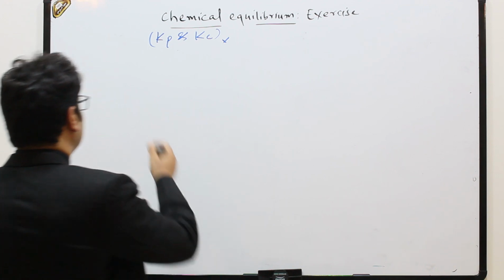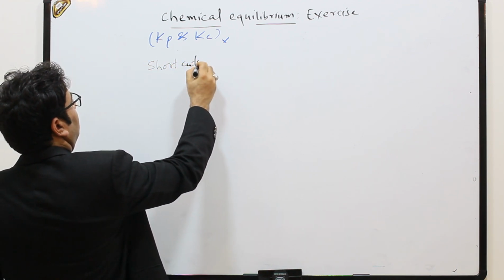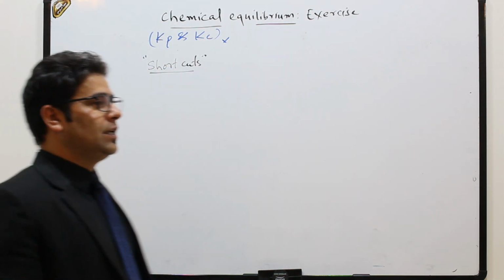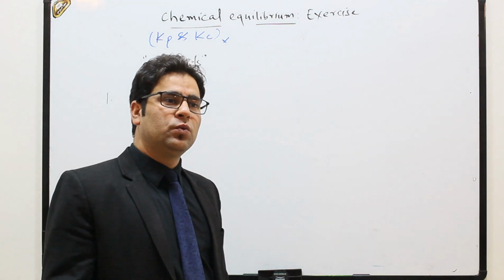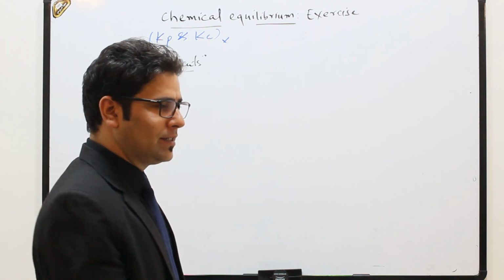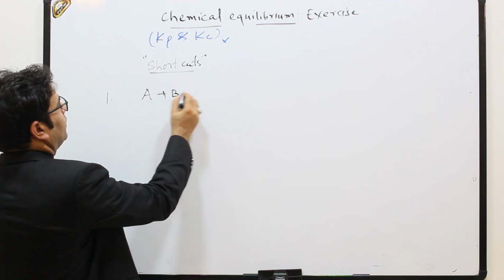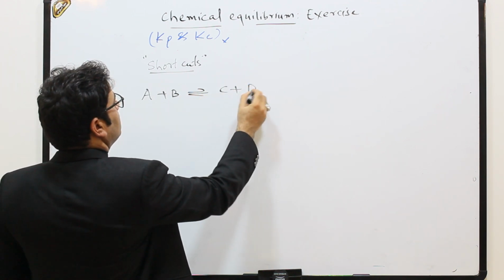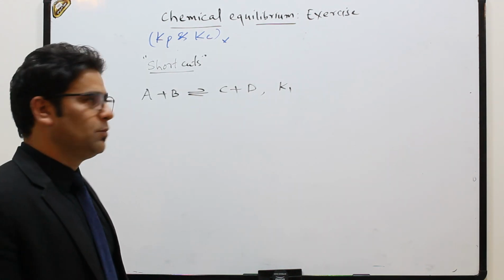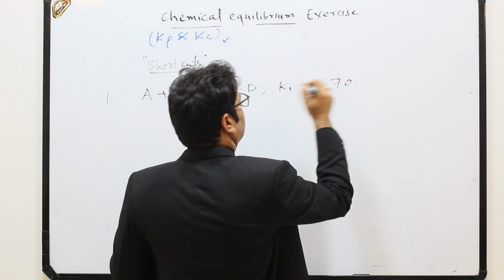Now, shortcuts. Short tricks. Number 1. These are general tricks which we can use in the preceding problems which we have to do in the next lecture. Suppose we have A plus B in equilibrium with C plus D. K1 is given; suppose K1 is 70.